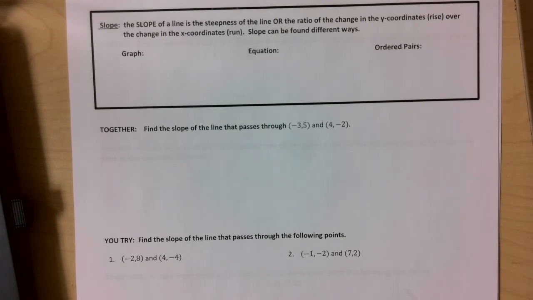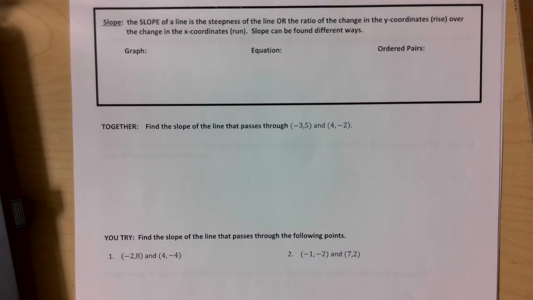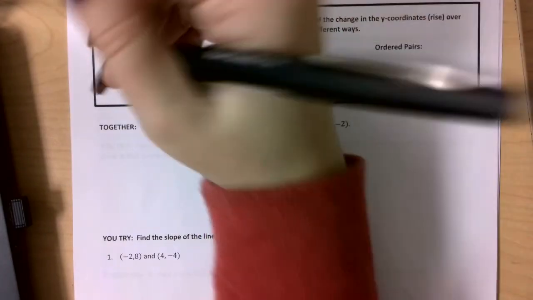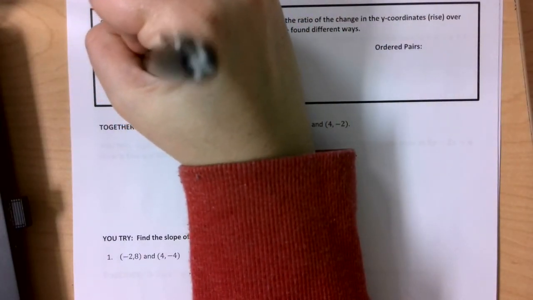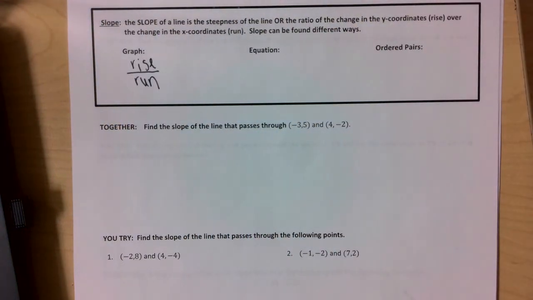Okay, so next thing we're going to talk about is a little more specifically finding slope. Sometimes you don't always have an equation to pull it from. So if you're looking at a graph, you could calculate rise over run. So you could count how much you go up or down over how much you have to go left and right.